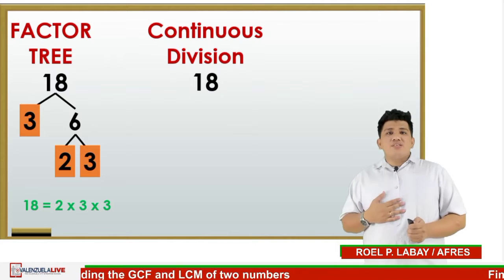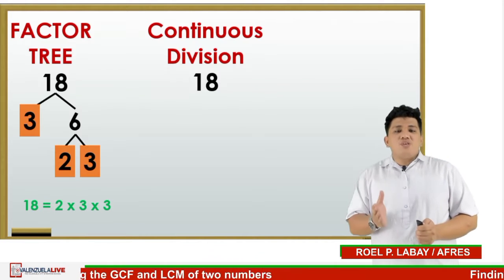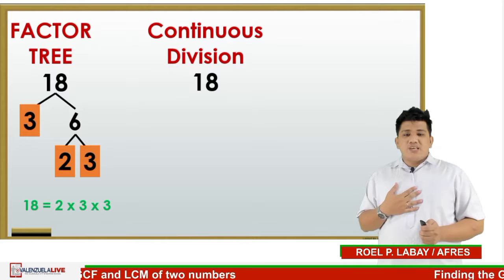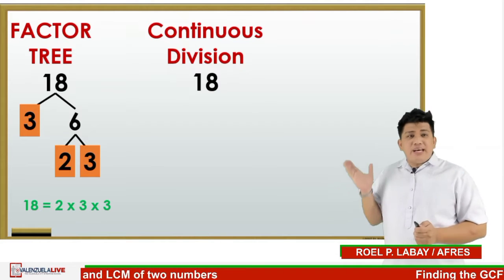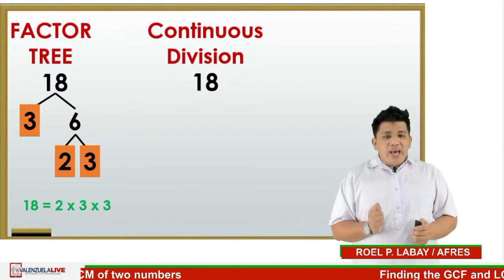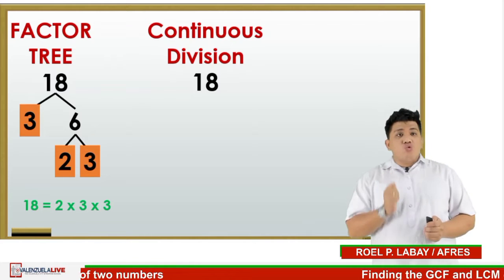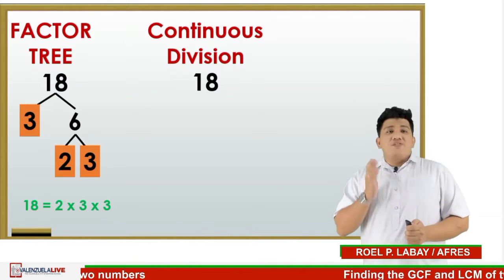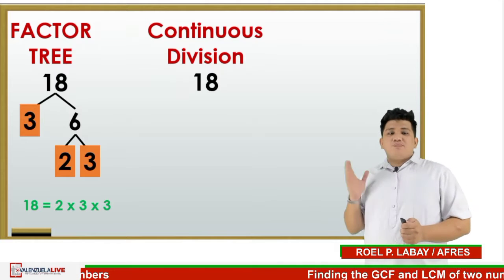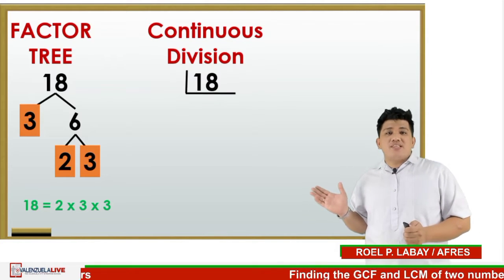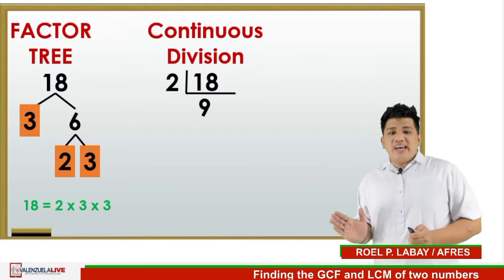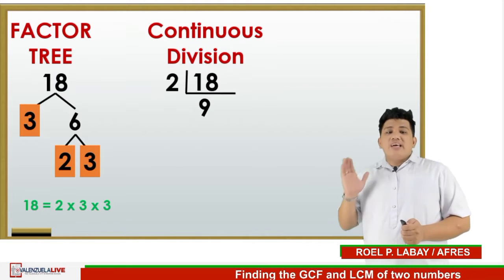Now, let's use continuous division to get the prime factors of 18. We will divide 18 by its prime factor. We will think of a prime number that we can divide to 18. Very good. We can divide it by 2. And let's put this continuous division symbol. 18 divided by 2 is 9, and let's place it below 18.